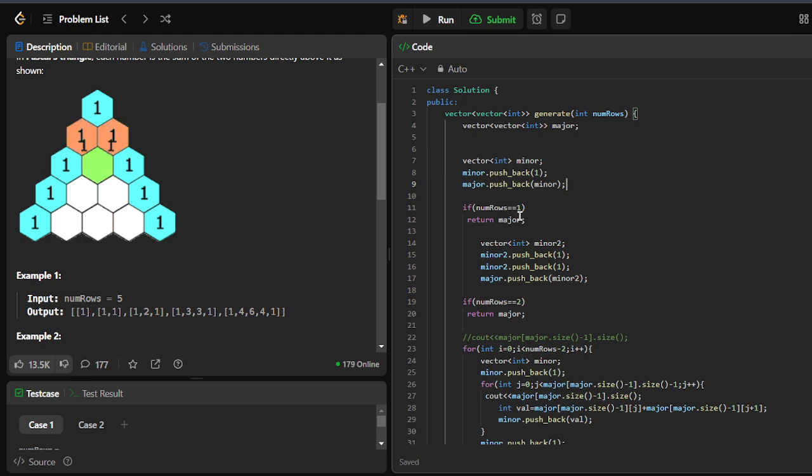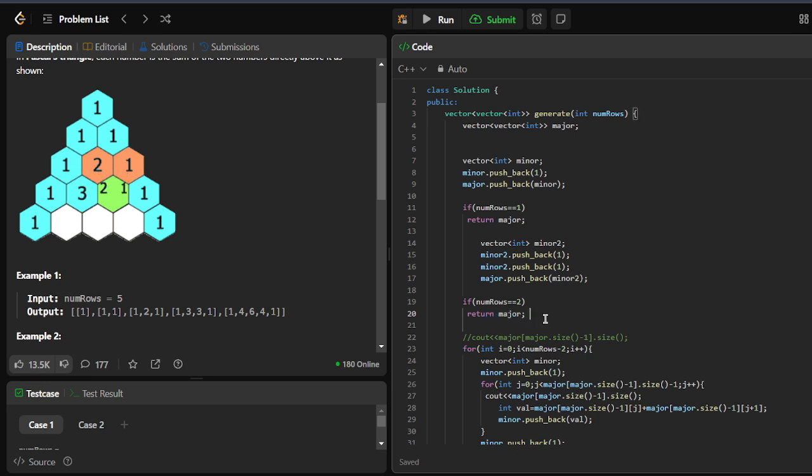If our row is equal to one, then simply return major, because major contains only one single element, which is one. Then I make the minor again, push the element one, again one, and push it back into major. If our number of rows is equal to 2, we simply return major.